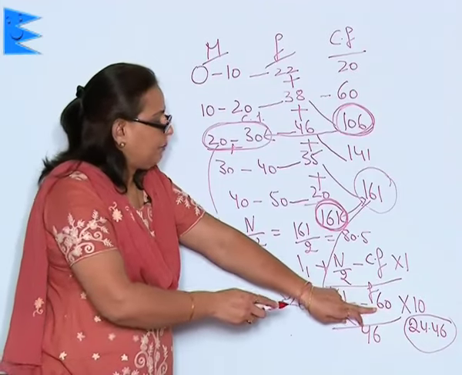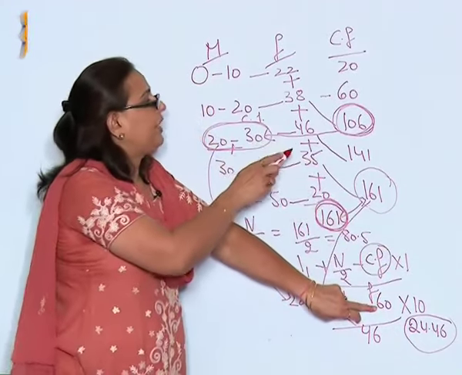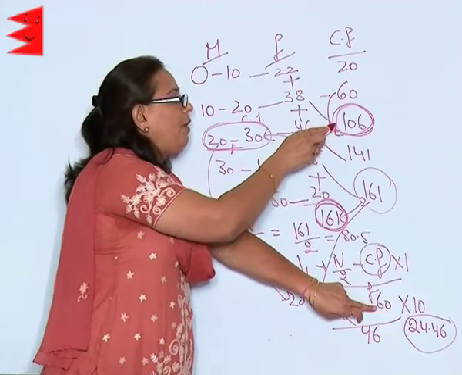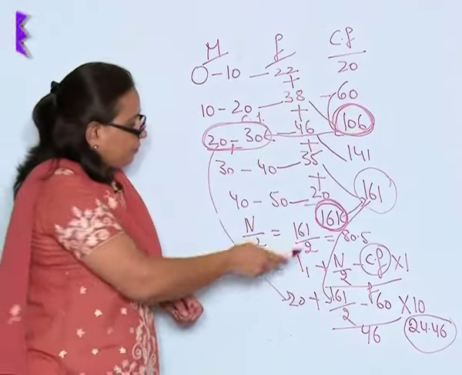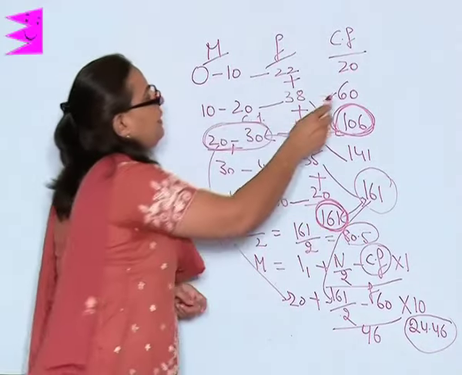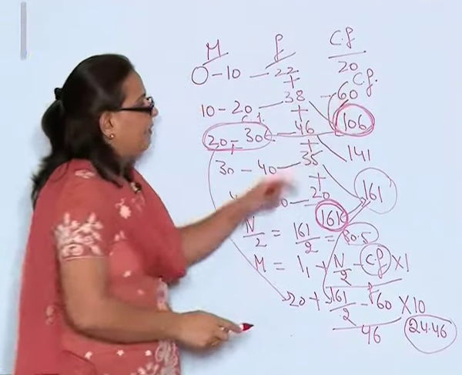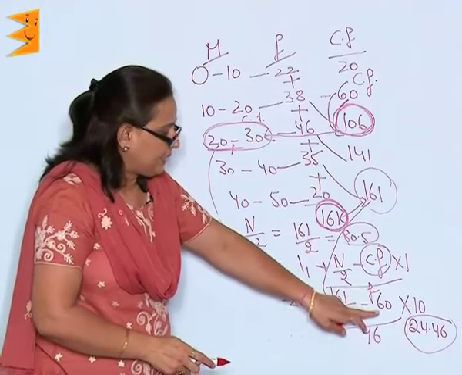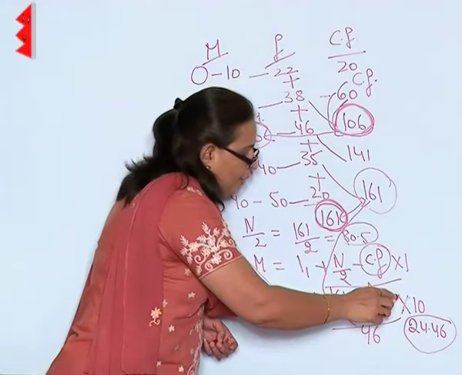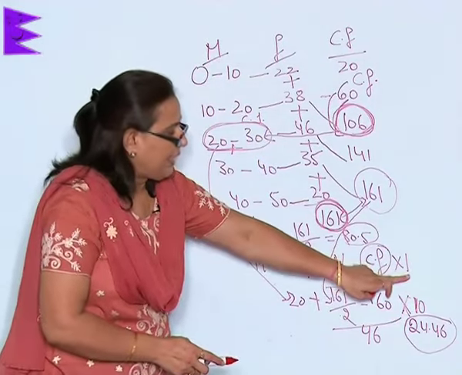How do I get this 60? This is the cumulative frequency. The cumulative frequency is always the one which falls before the number that we have derived. Since 80.5 lies in the 106, the cumulative frequency will be the one before it, so this will be minus 60, upon 46, multiplied by 10, that is the class interval that we have.